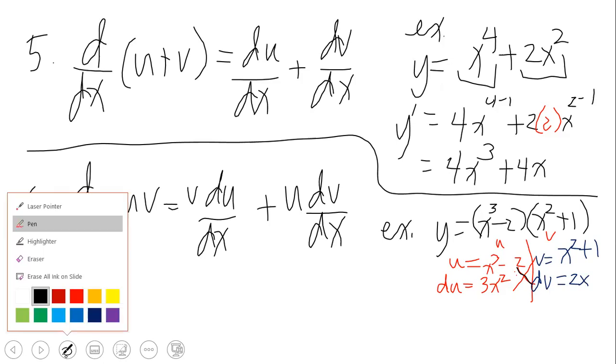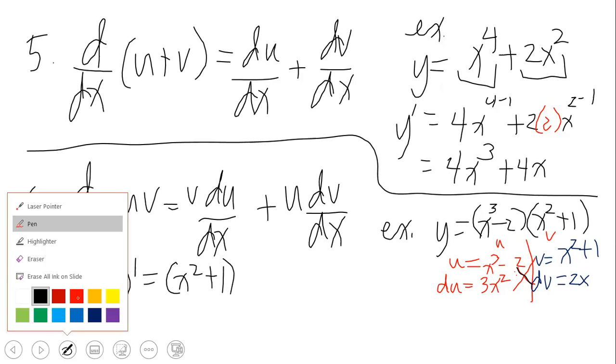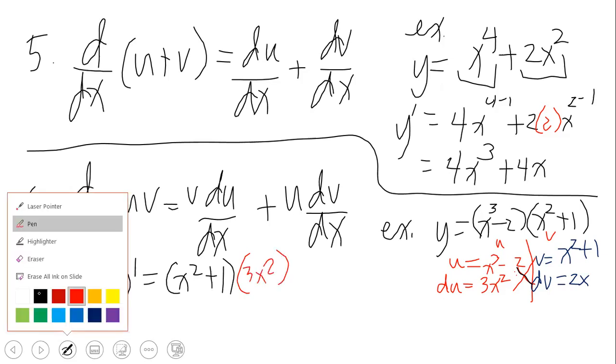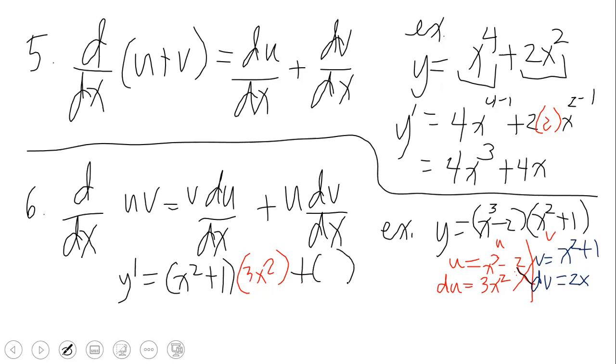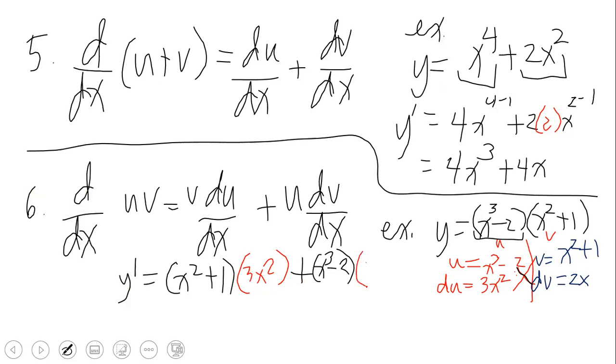So applying the differentiation process for this property, y prime is v, which is the function x squared plus 1, times the derivative of u, which is 3x squared, plus the function x cubed minus 2 times the derivative of v, dv, which is 2x.